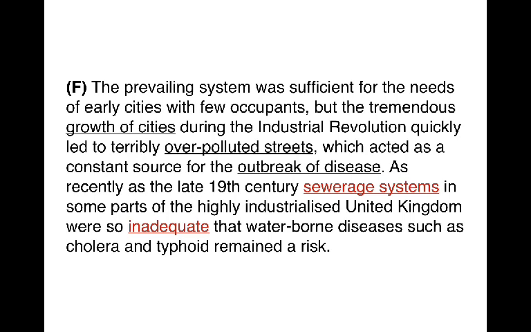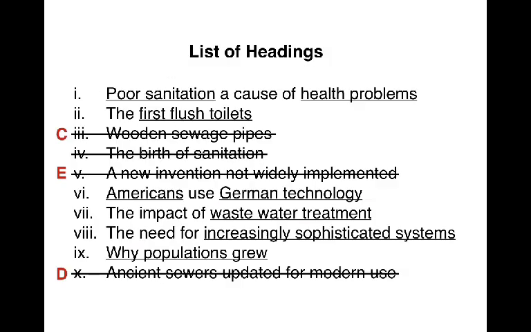If we go to the list of headings, number 1, poor sanitation a cause of health problems. Well, that looks like it could be the answer. We saw health problems, diseases, definitely. Poor sanitation was the sewerage system was inadequate in most cities, and we had the polluted streets, so that definitely works as the answer. And in fact, that is the correct answer, so we're going to choose F for that.